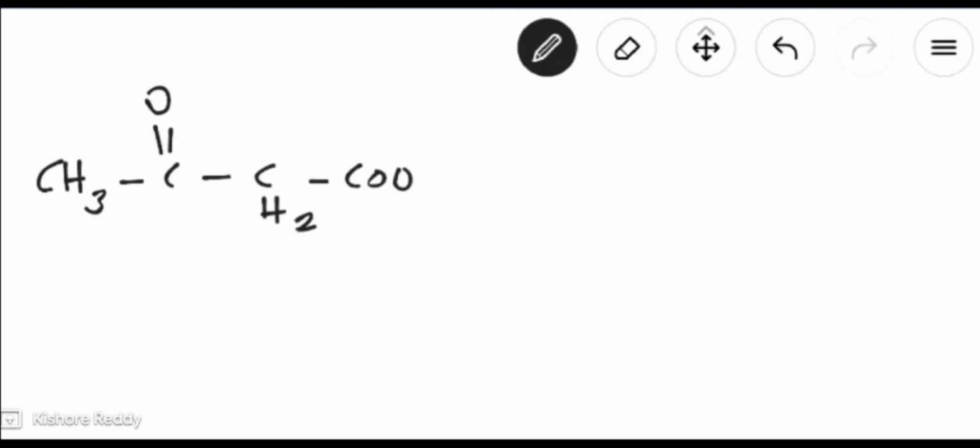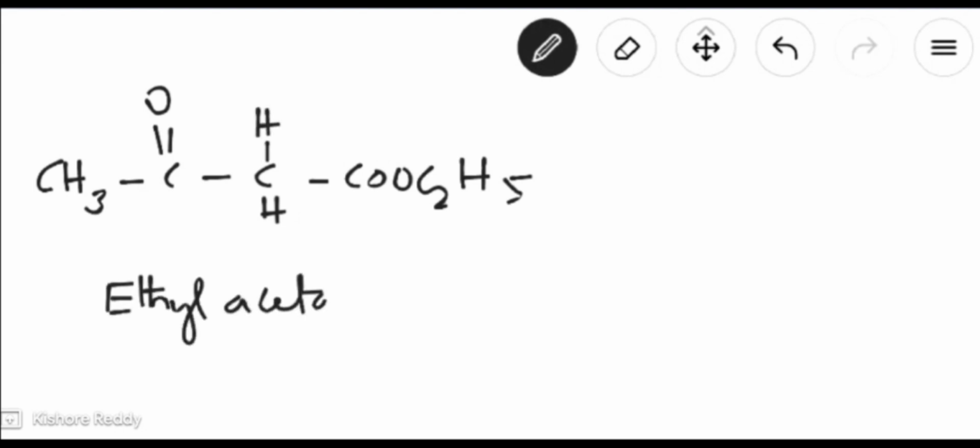Following, right? Can we take one more example? CH3 C double bond O dash CH2 COO C2H5. You know very well this compound, what do you call? Ethyl acetate, right? Vaishnavi and Admiral, you are able to understand.